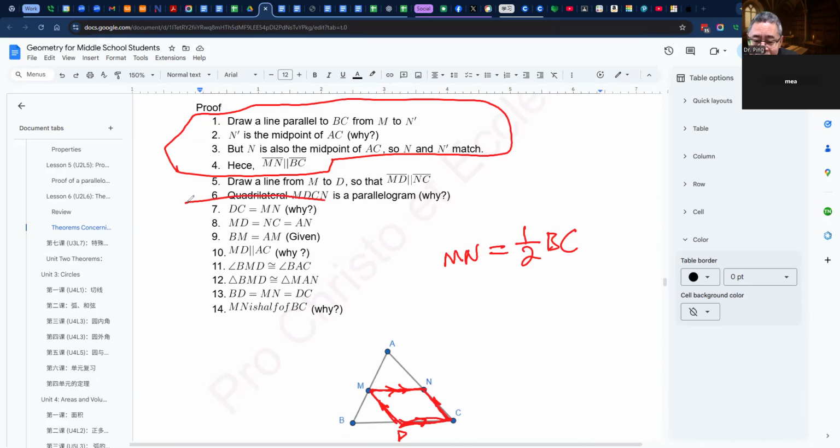Now, according to the properties of a parallelogram, DC is congruent to MN. So remember that property, DC is congruent to MN.